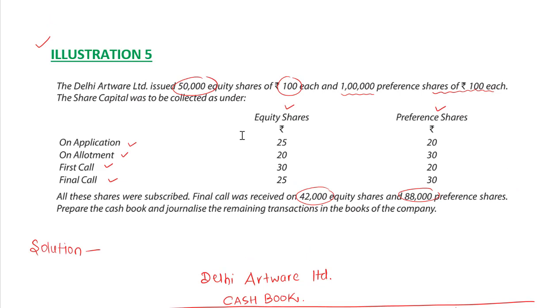First entry is on application, bank to equity share application, on equity share 25 multiplied by 50,000, and for preference share bank to preference share application 1 lakh multiplied by 20.